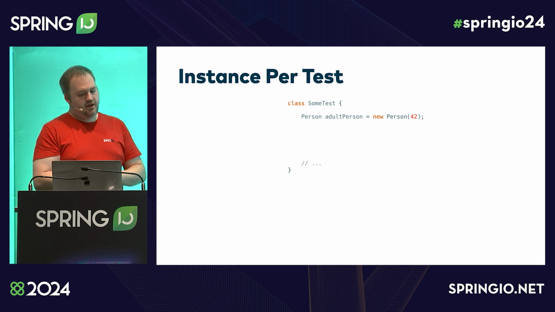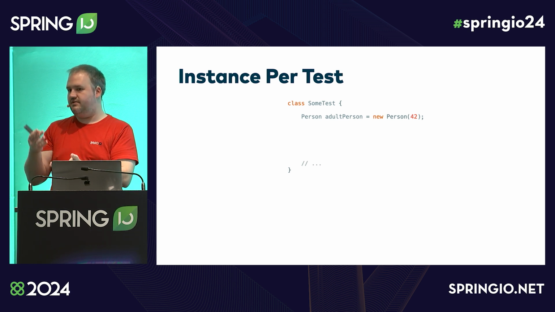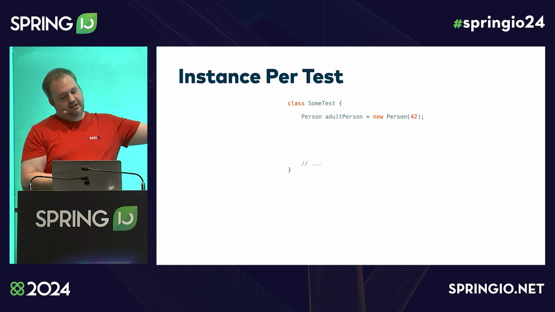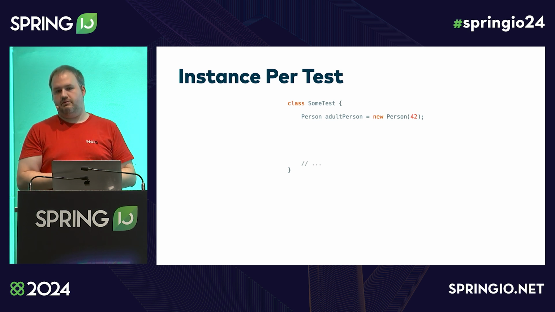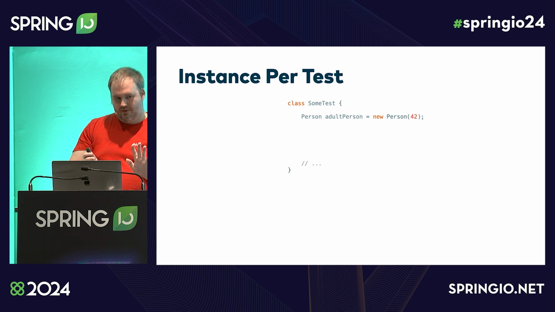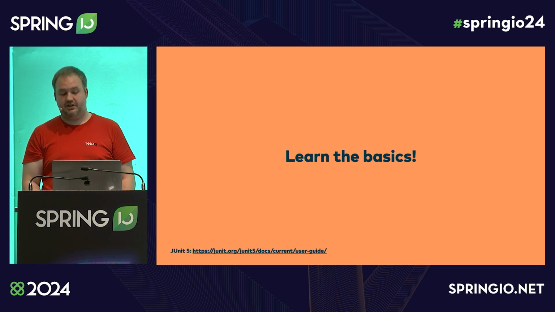I mean, by default, JUnit creates one instance per test, and after this test, it throws it away, creates a new instance, and uses that. So I personally find that more readable, and I don't know if everybody here knows that. So there's much more we could talk about JUnit, but not much time.